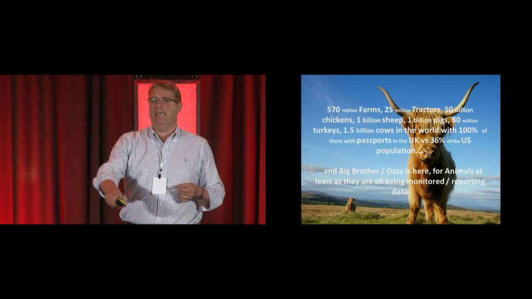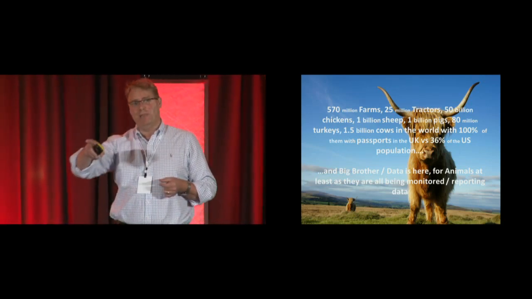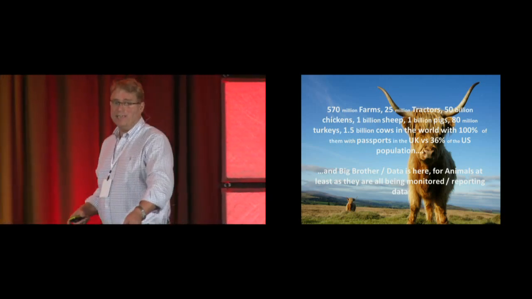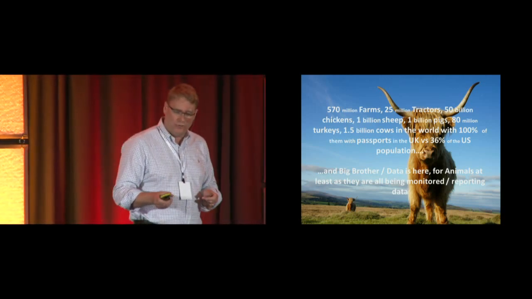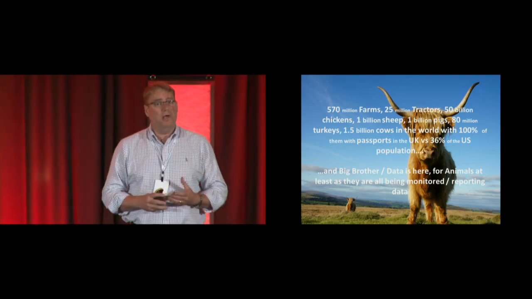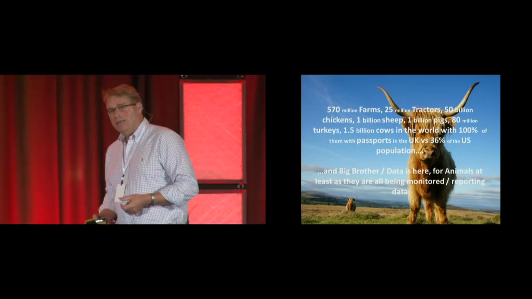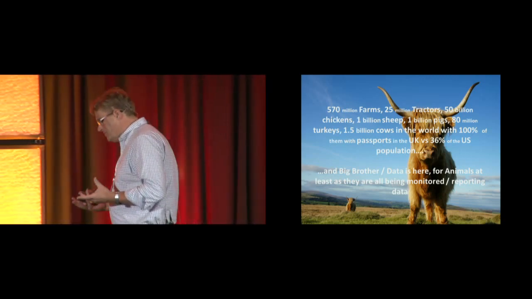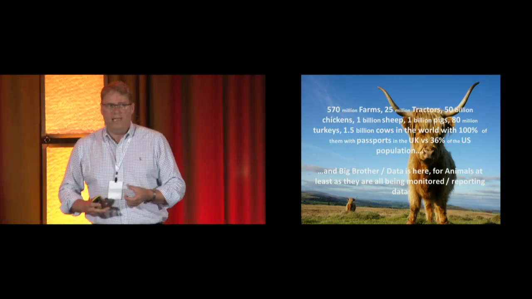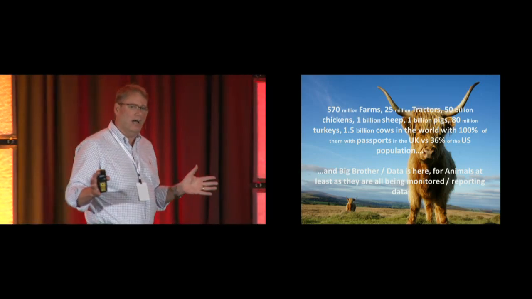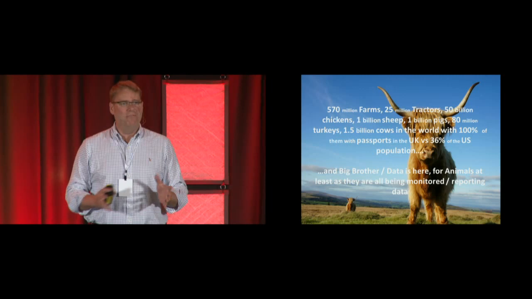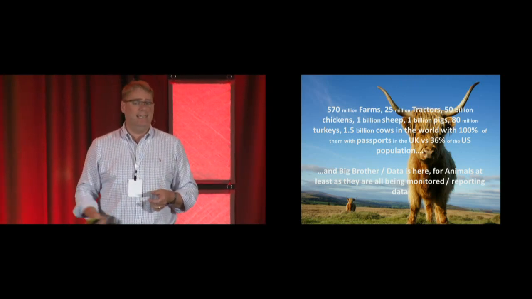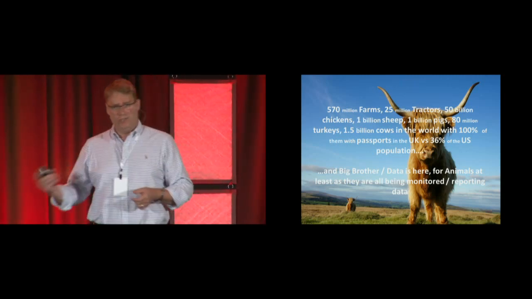So again, we get cows, they get planes. That's a Highland cow, and I'm Scottish, so I chose a Highland cow. But the amount of data is amazing. I'm fairly new to agriculture, so I'm still learning about it, but it's got more data than any other market I've ever seen. Everything is generating data.